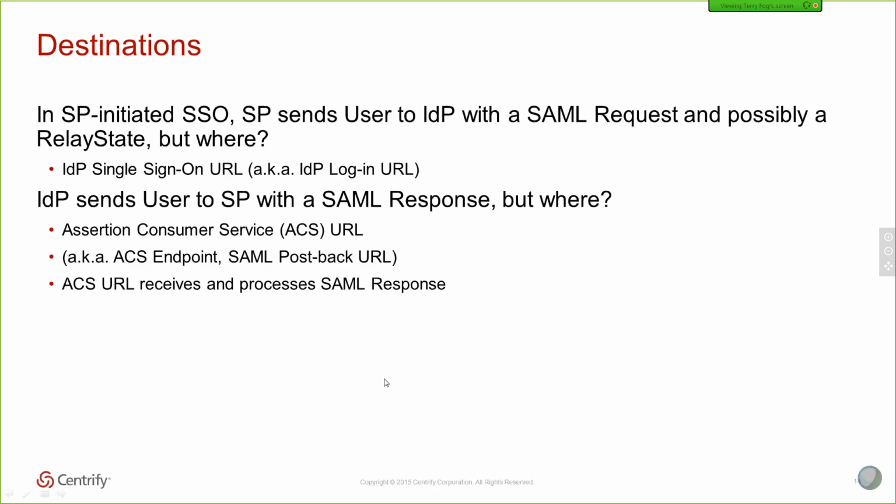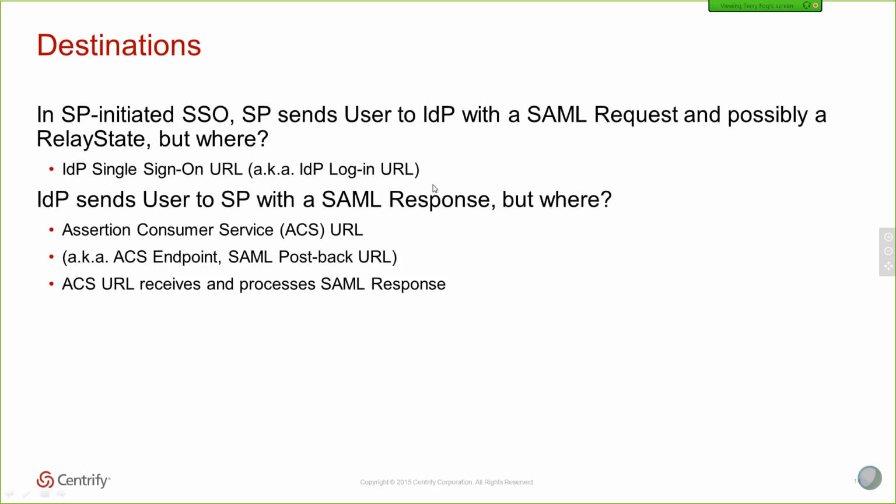Okay, destinations. Now we'll talk about that. We've seen it. So when the SP sends the IDP a SAML request, where does it send it to? In the generic SAML application, you will see there's a field called identity provider single sign-on URL.